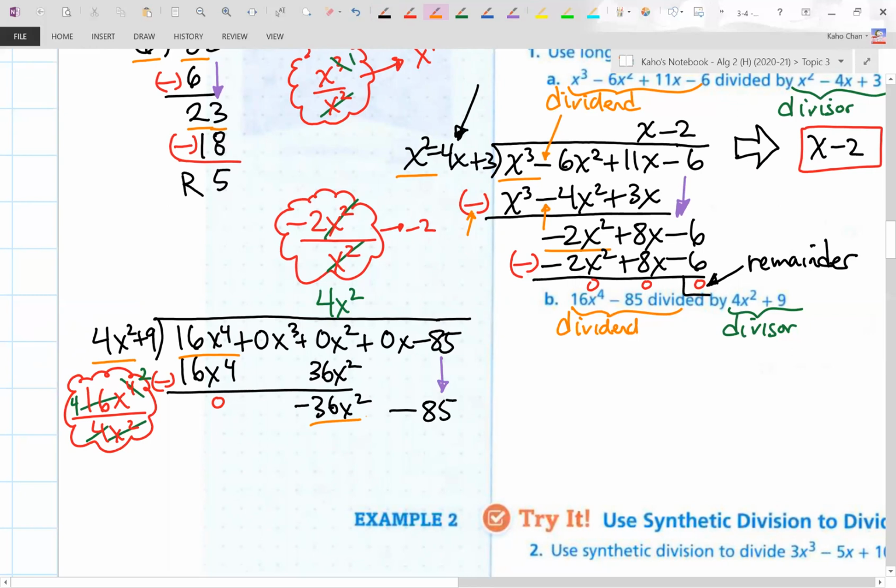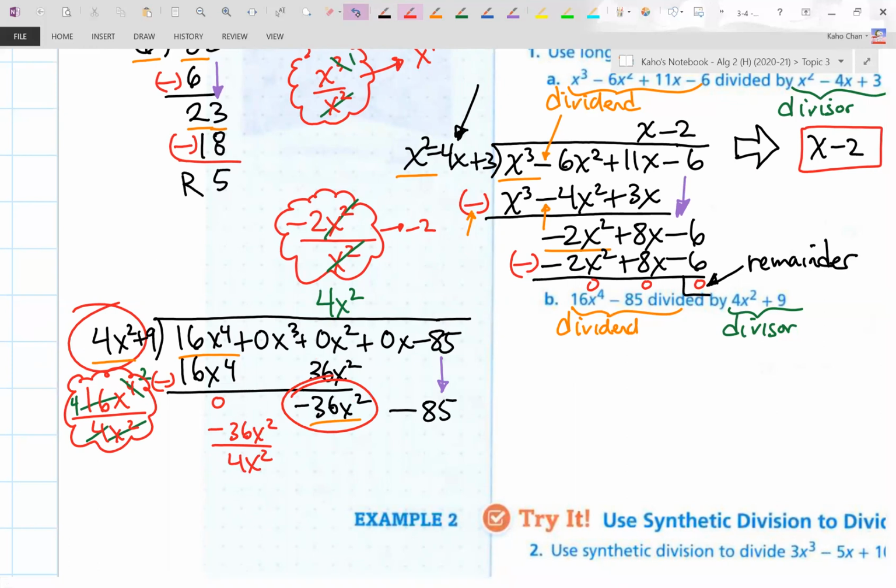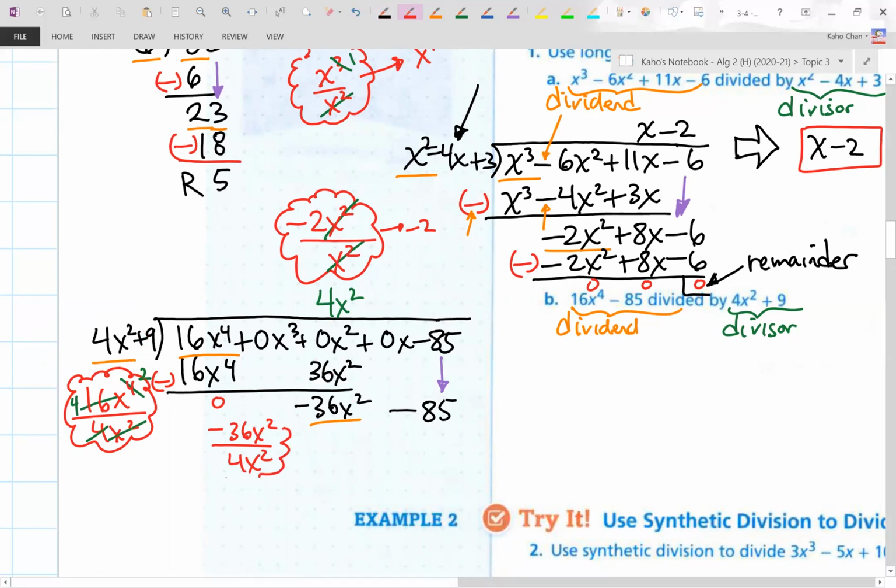And let's walk through this again, okay? We now have negative 36x squared divided by 4x squared. Those are the terms in front right there. And when I reduce that in my head, I'll get negative 9. Look at that. And 4 goes into negative 36, negative 9 times.